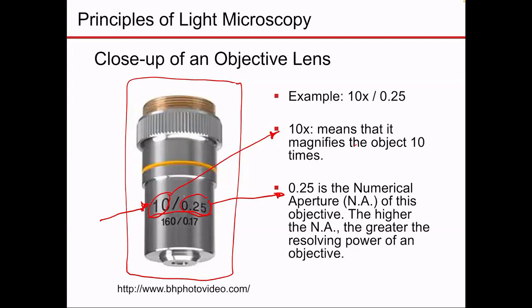The other two numbers that you see on the objective: this 160 is what we call the tube length, in millimeters, and the other one, 0.17, refers to the thickness of the glass cover slip in millimeters, assumed by the lens designer for the best performance of the objective.